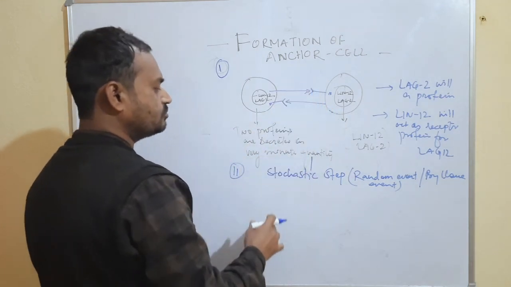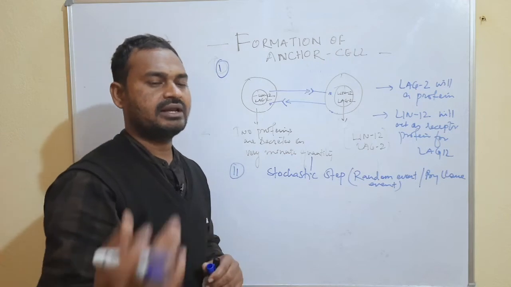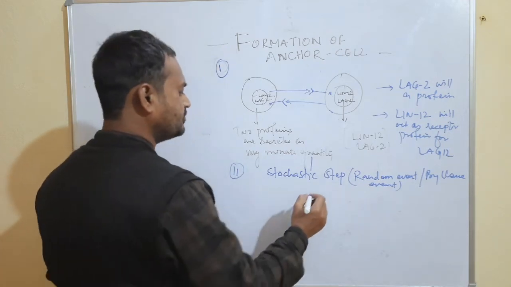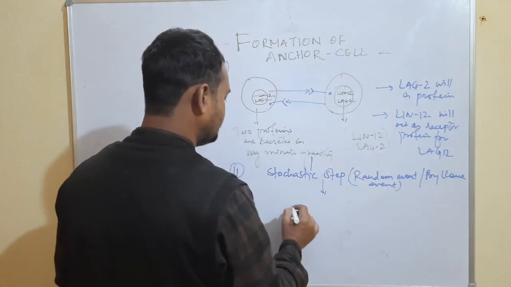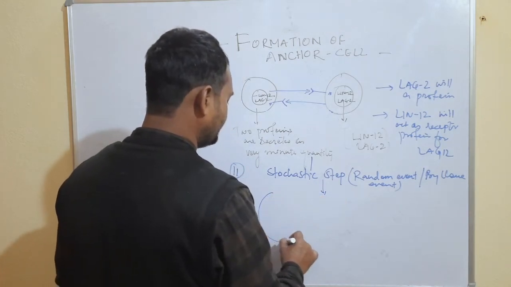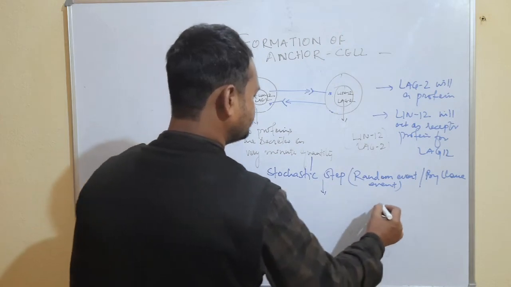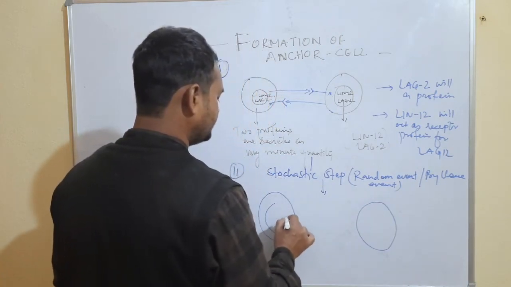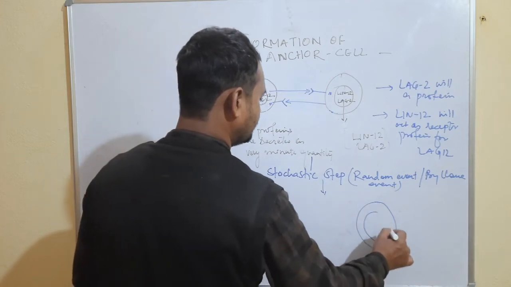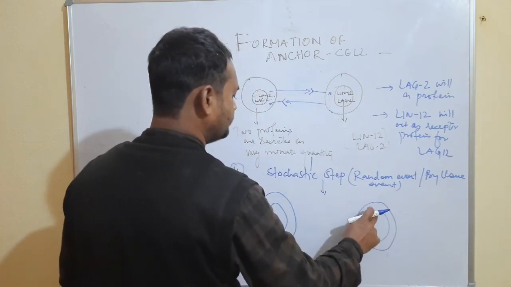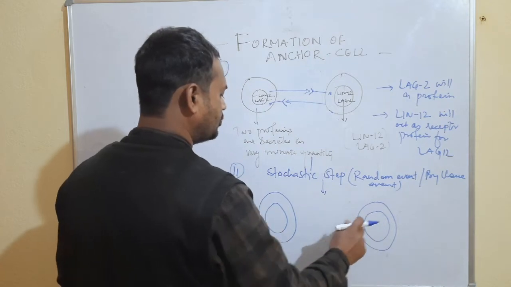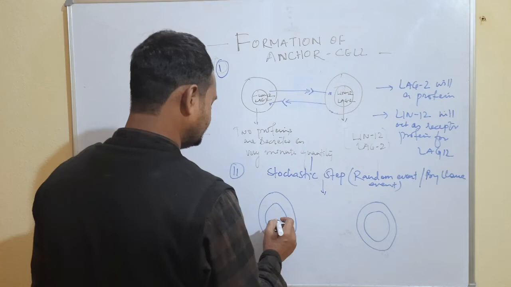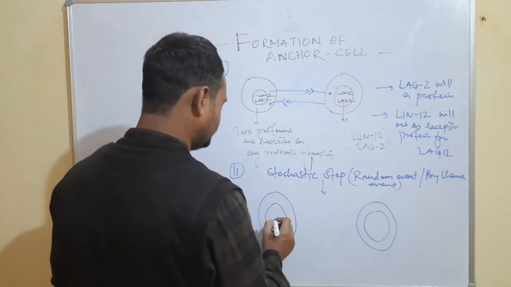But stochastically, these two cells start to make an excess, an abundant quantity, of lin-12 and lag-2.